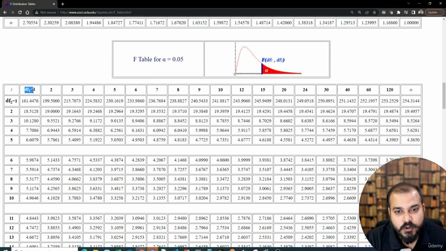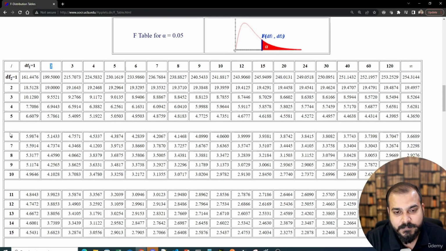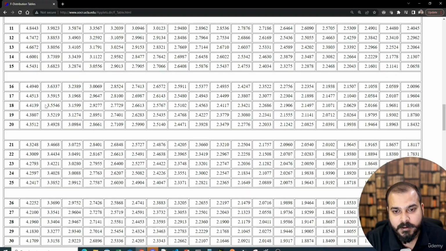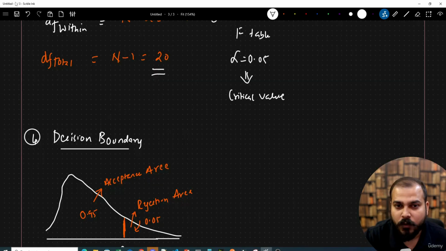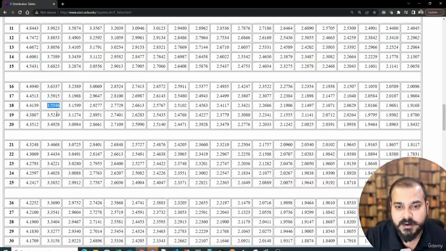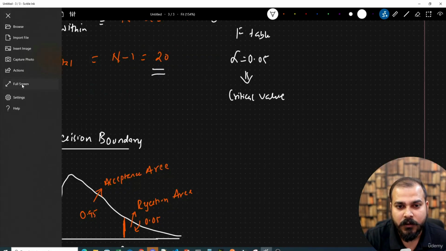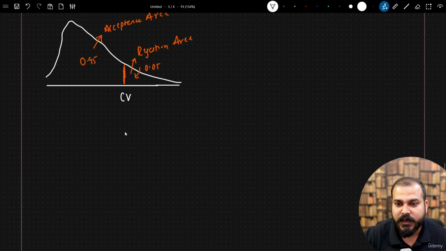Here you have DF1. Obviously my DF1 value is 2 and DF2 value is 18, right? So this is the value that I'm getting from this F table, which is my critical value. So what I will do is very simple. I will write 3.5546. So this critical value is nothing but 3.5546. Now, when we do this, it is very simple. We probably talk about the decision rule now.